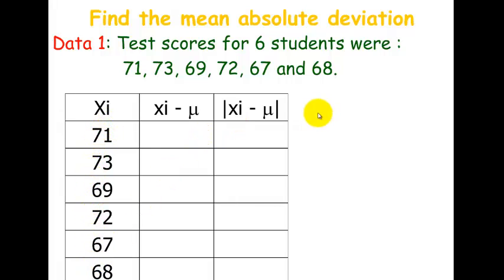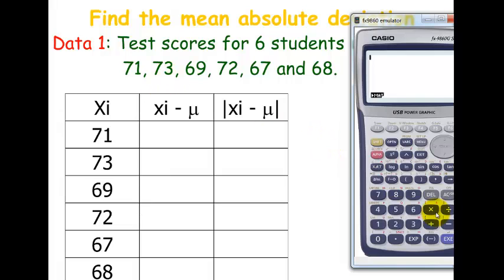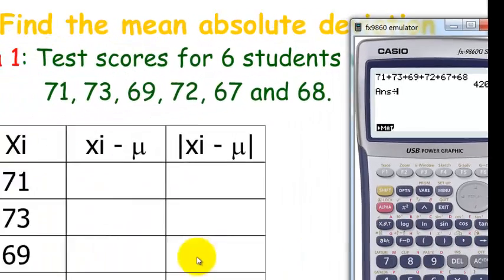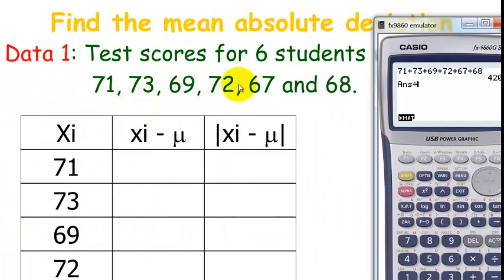We have to get to the mean, so we have to add 71, 73, 69, 72, 67, 68. The sum is 420 divided by 1, 2, 3, 4, 5, 6.